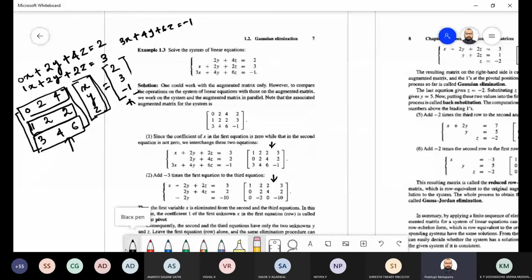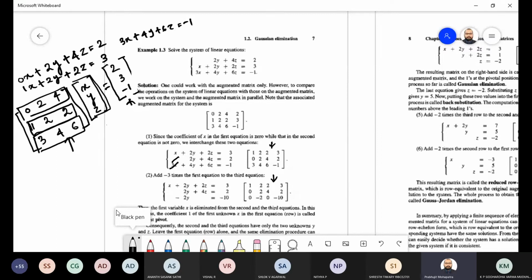After having the augmented matrix, what is our target? You remember what we mentioned last class, when you have 3 equations and 3 variables, how you will solve it. First remove all the x from the remaining 2 equations. Although here we have the good luck that in the second equation x is not there.